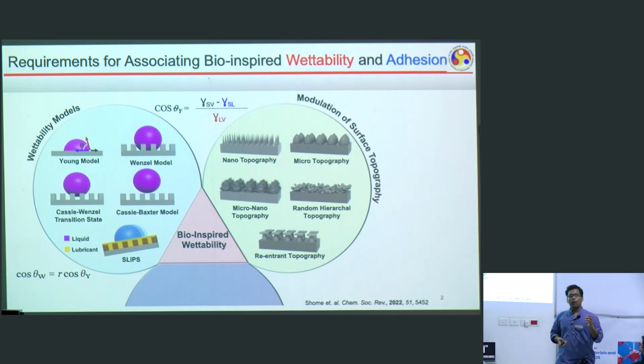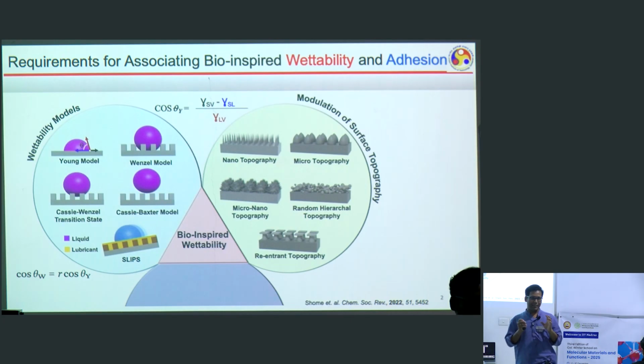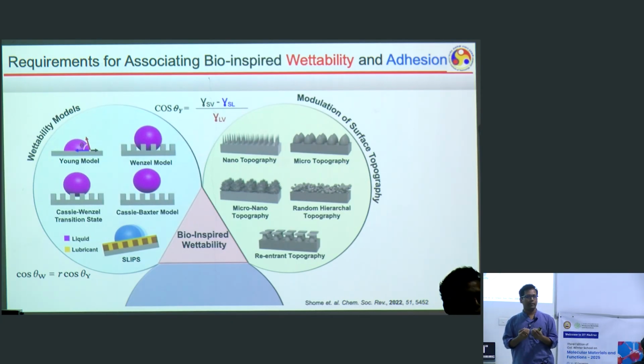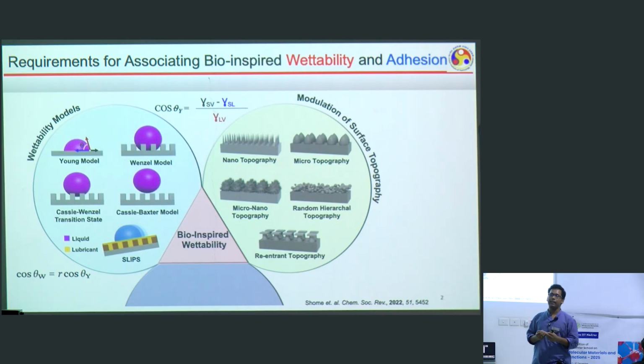Now, what I mean by super hydrophobicity is basically the ability of an interface to extremely repel the liquid, more specifically here, water. That's the reason it's called super hydrophobicity. Now, when I say extreme, it's a vague word, right? You have to give a quantitative estimation. So the contact angle has to be more than 150 degrees.